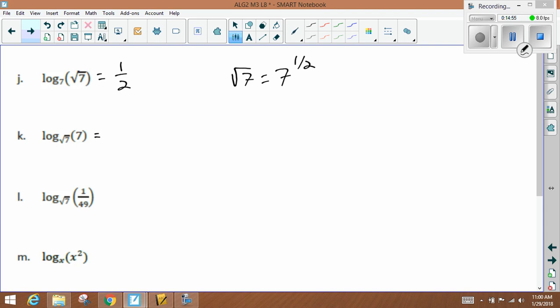So this is what we've got to figure out, okay? You might want to take it over here and go, hey, the square root of 7 is equal to 7 to the 1/2, right? What power do we need to raise that to get just 7? 2, right? So if I put a 2 in there, that gives me 7 to the 2/2 when we multiply, which is 7. So the answer here is 2.